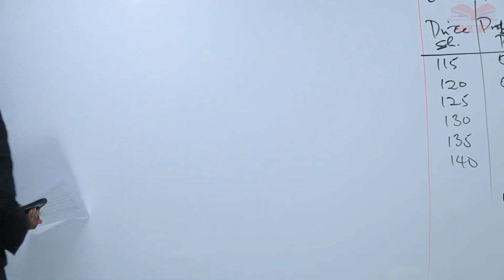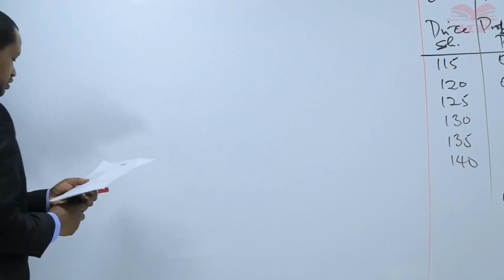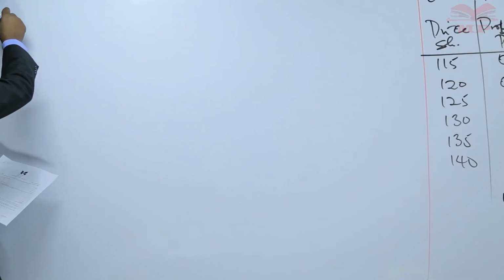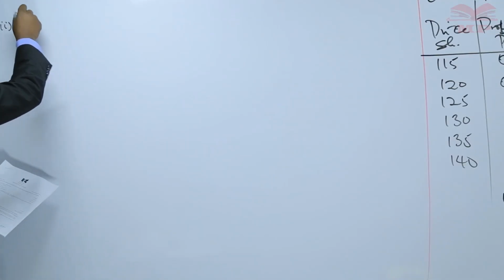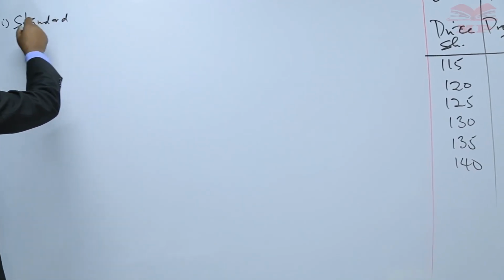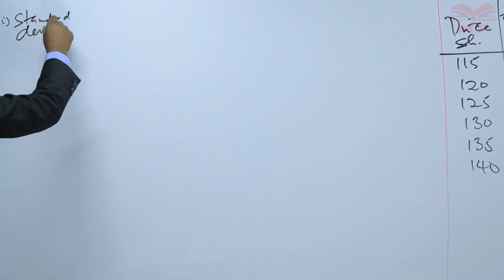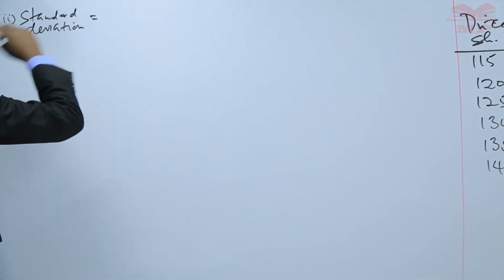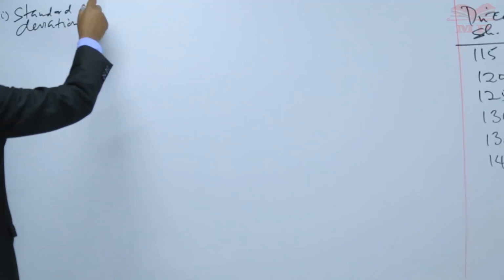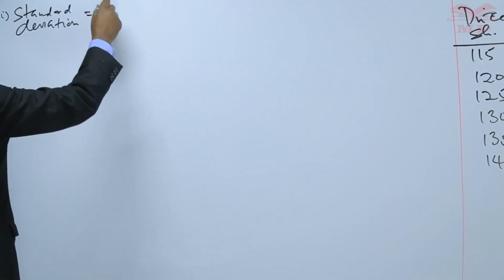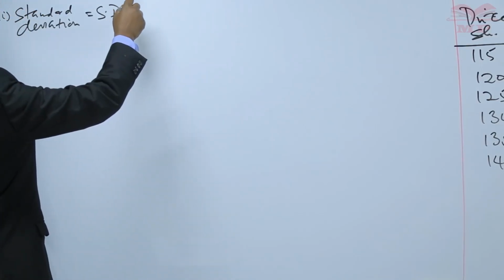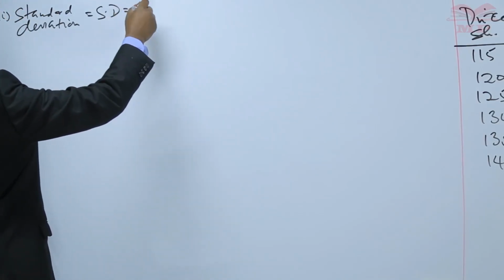So standard deviation, part 2, which is equal to, sometimes you write it as SD, standard deviation, or we use that symbol.